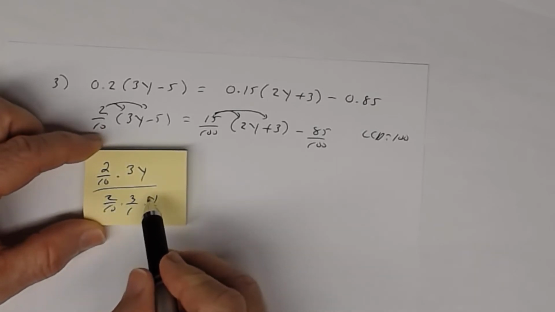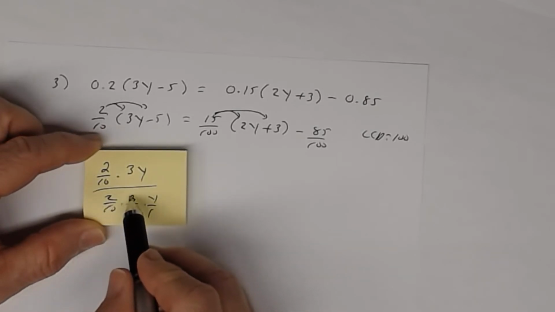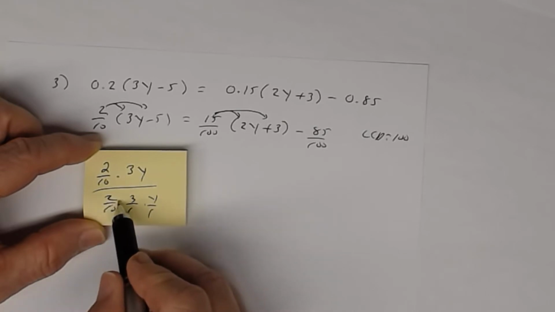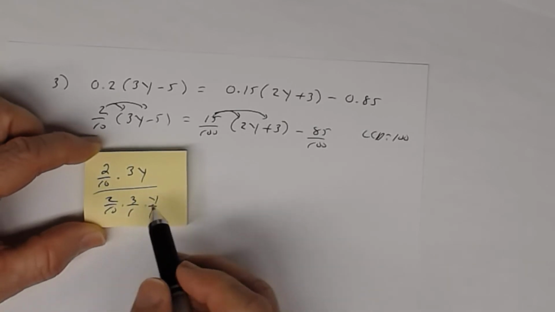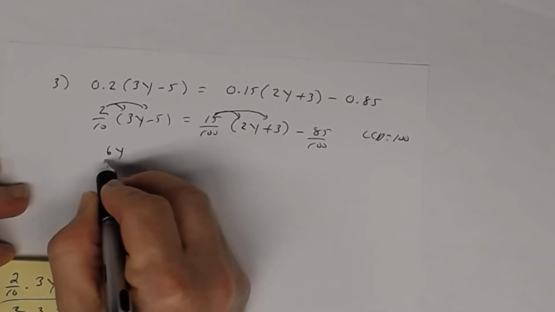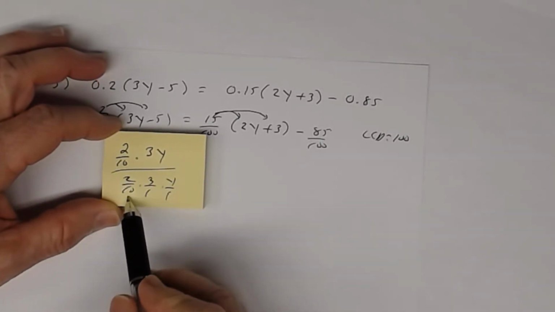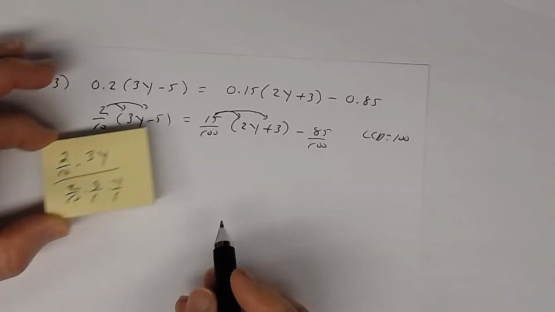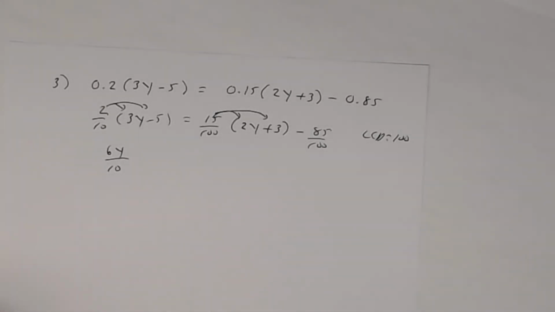So you multiply the numerators together. So 2 times 3 times y is 6y, divided by, and then 10 times 1 times 1 is 10. So this is 6/10 y, right?